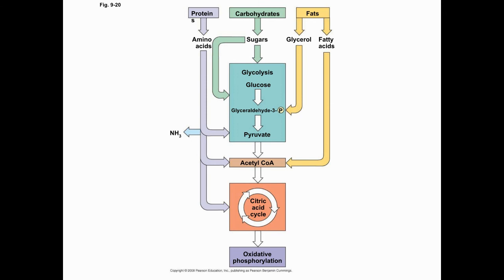But just to understand, you don't need to know where they enter, but just be familiar with the fact that proteins and fats can both enter these processes as well. They just enter at different points within the pathway. Again, if you ever got a question asking where fats or proteins enter, there's going to be a diagram that goes along with it. You don't need to memorize where it is on this diagram. Just know that they can enter the pathway as well.